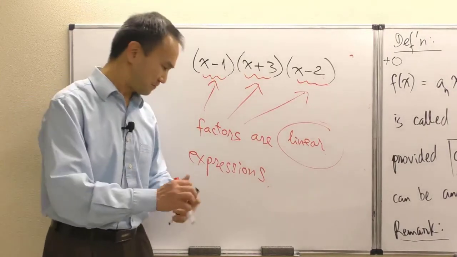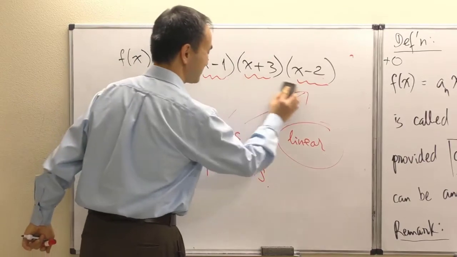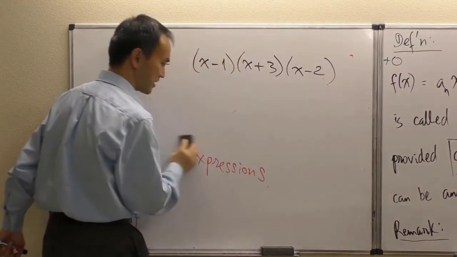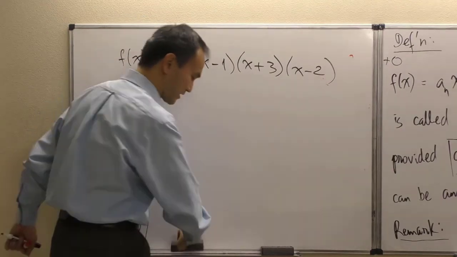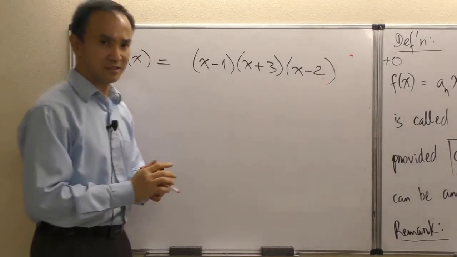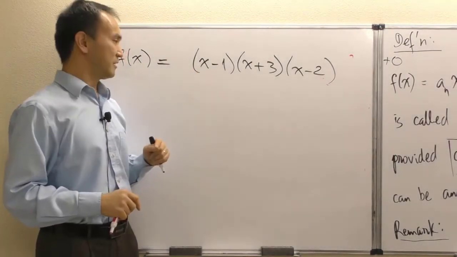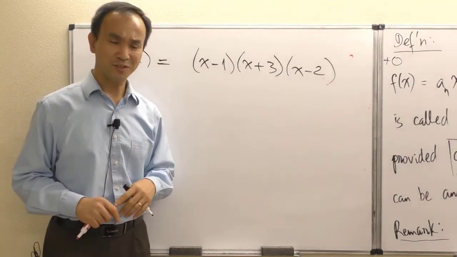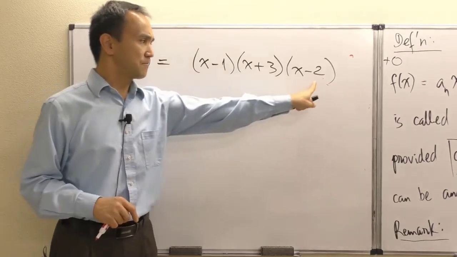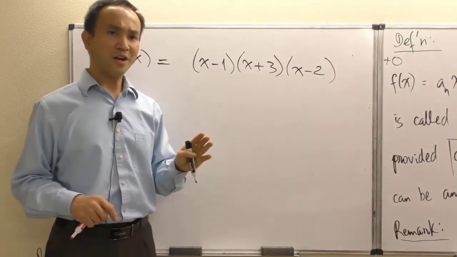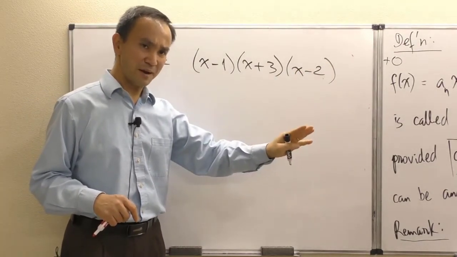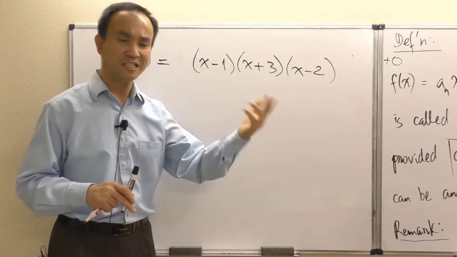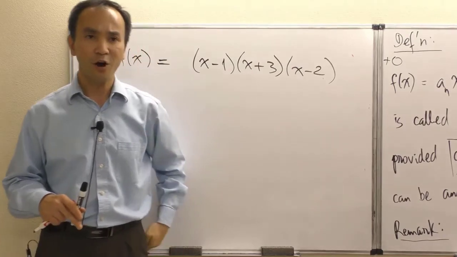That's just to mention the kinds of functions here. So it's in factor form, and it's completely legal to be a polynomial here. But now, what do we do with something like this? When I first introduced the polynomial, we talked about the leading coefficient, the leading term, and the degree of a polynomial.